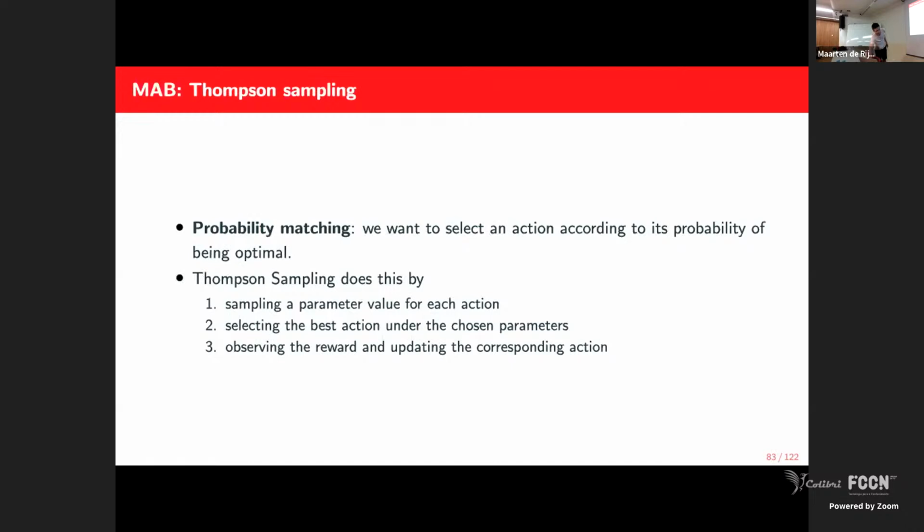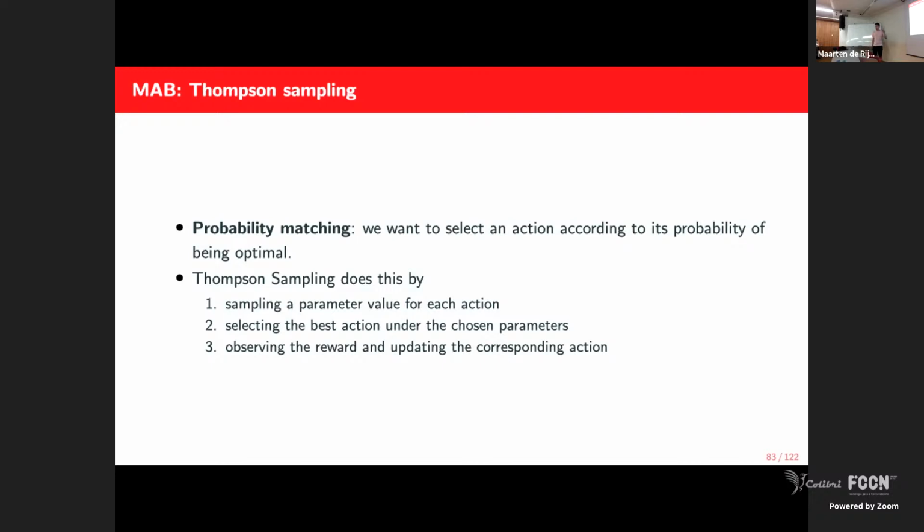Okay, back to bandits. The algorithm of Thompson sampling is doing that, and it's based on a simple idea. You want to select actions such that the probability of selecting an action is equal to the probability of it being optimal, considering your current knowledge. So the way we do this is by having these 3 steps.